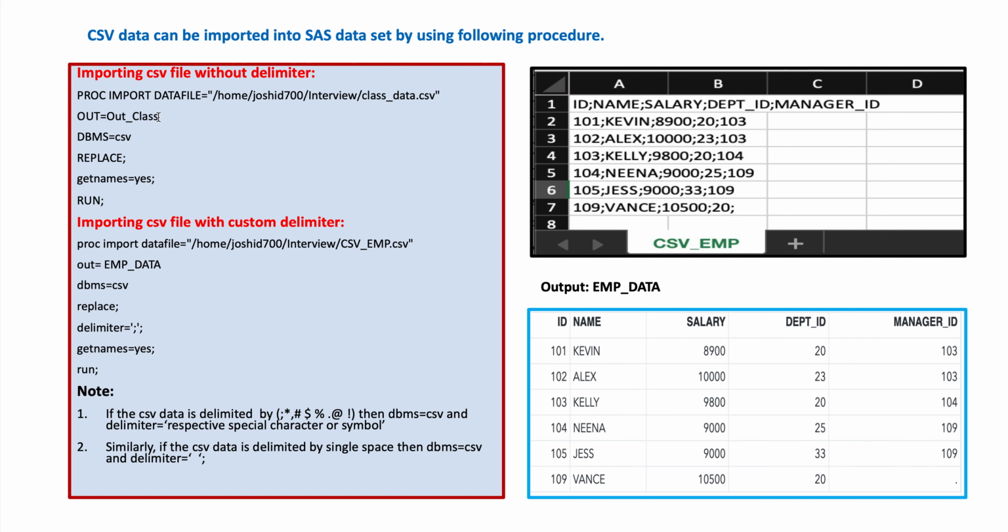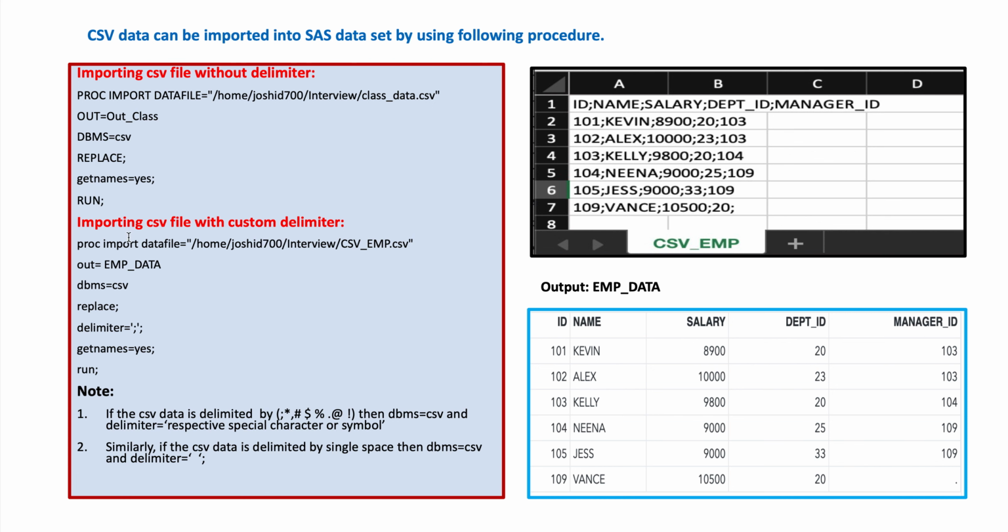That means if this out_class already exists, then this file is replaced by new data. getnames equals yes. That means we assume the first row includes variable names, and we are going to pull variable names as well, and run. When we run this first set of code, the CSV file will convert into a SAS dataset.